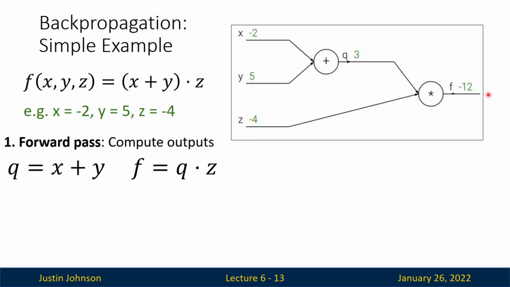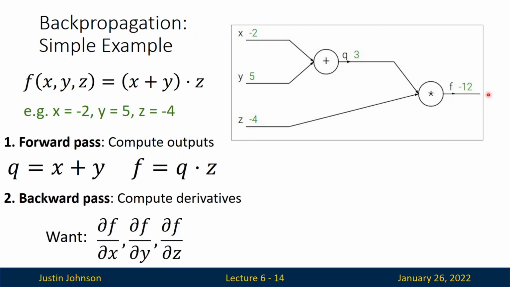So there is no problem here, right? It is very intuitive. But what we want is to know the values of the partial derivatives. So here, df/dx, df/dy, df/dz is the vector we want, because this is the gradient of the model at the point (-2, 5, -4).